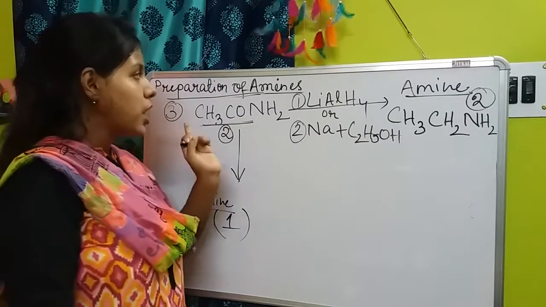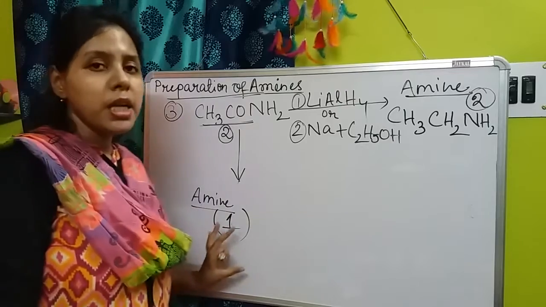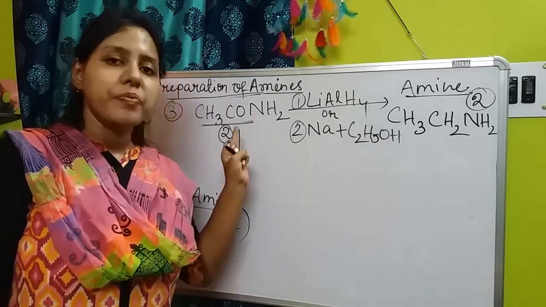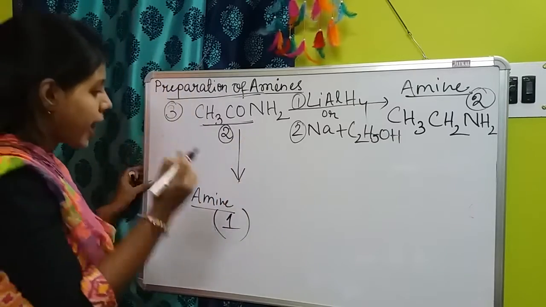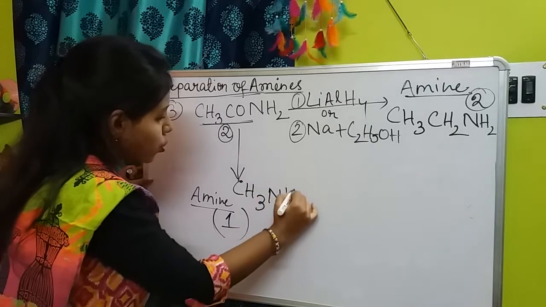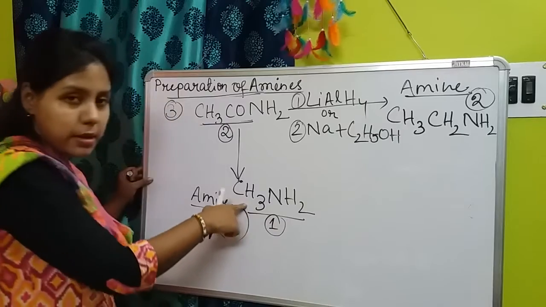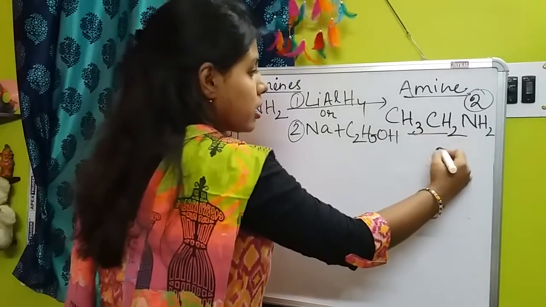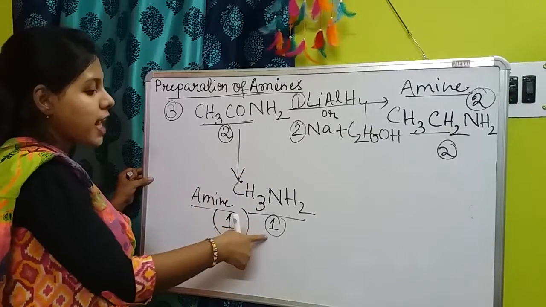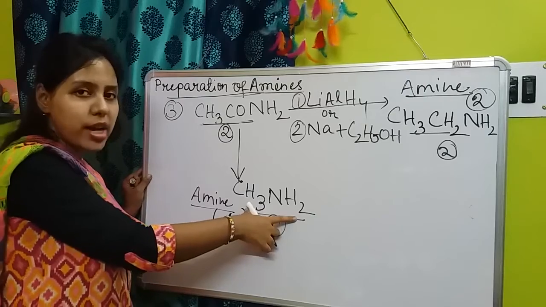This is one compound. Now the second one, where we are getting the amine carrying one carbon less than the initial compound. That will have the formula CH3NH2, which is carrying only one carbon, right? The amide carries two carbons, and this carries one carbon less. So the formula should be CH3NH2.